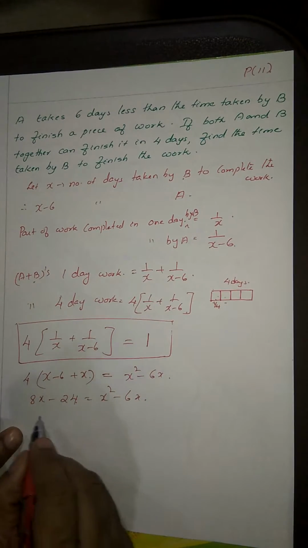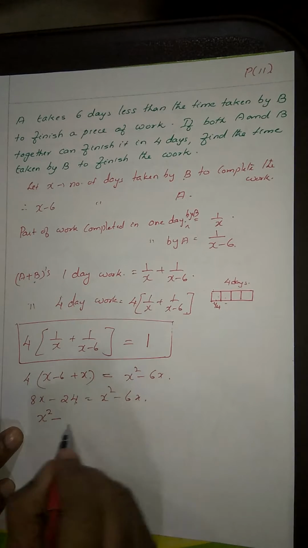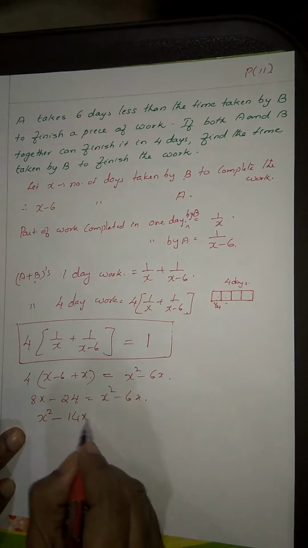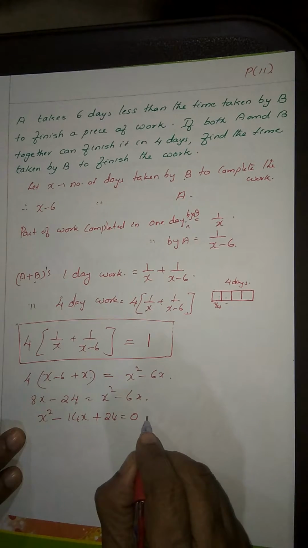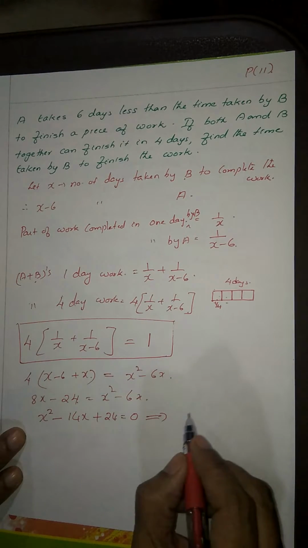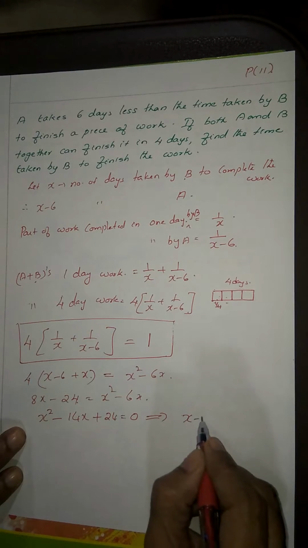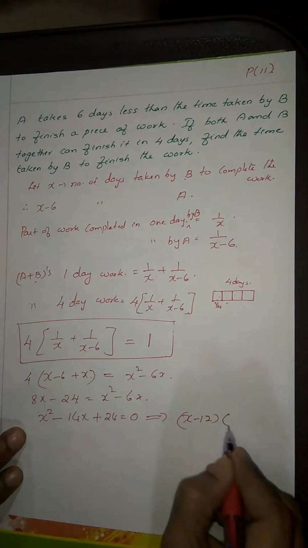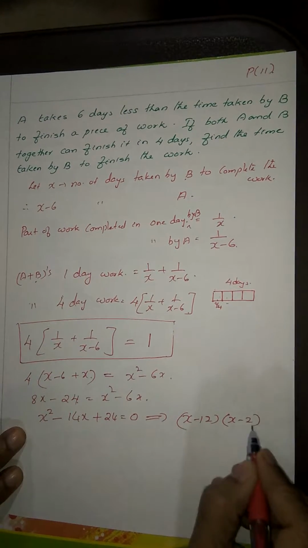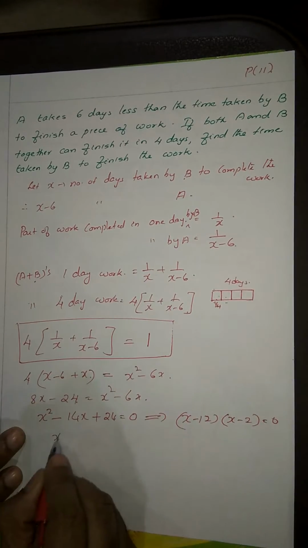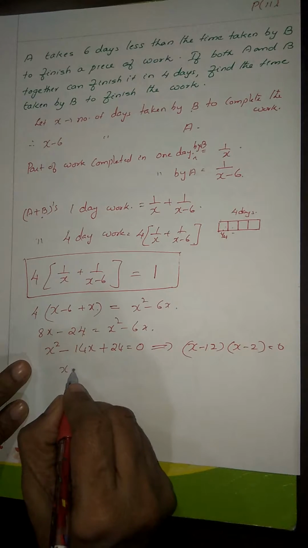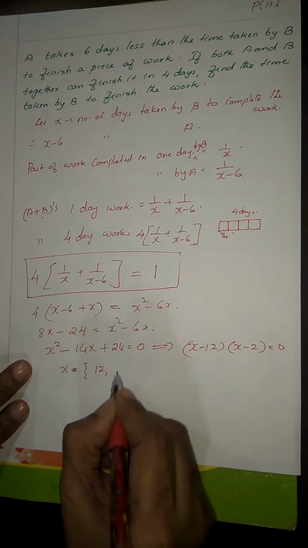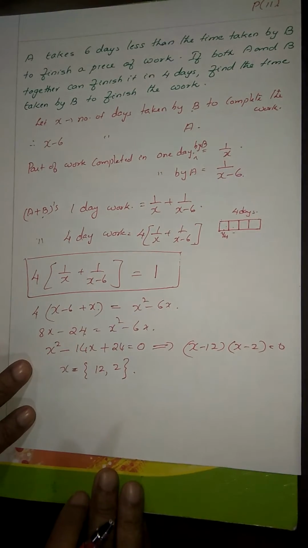So we get x squared minus 14x plus 24 is equal to 0, from which you can write this as x minus 12 into x minus 2 equal to 0. So x is equal to 12 and 2.